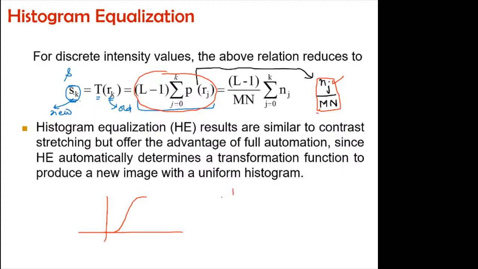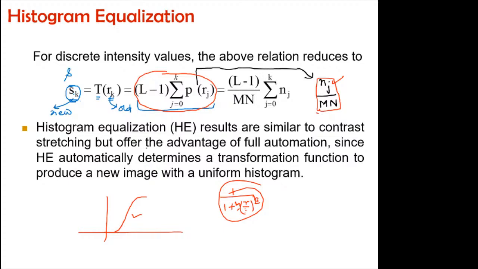If you remember, 1/1 plus R by something raised to the power E, वो सब किया नहीं था? वो सब किया था, उसको एनकोड भी किया था. So that was a contrast stretching curve. So histogram equalization also improves the contrast. Contrast stretching process also improves the contrast.